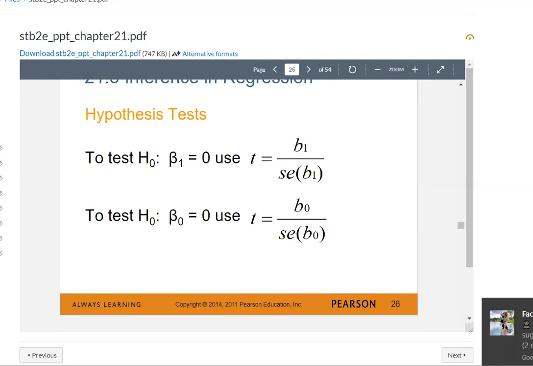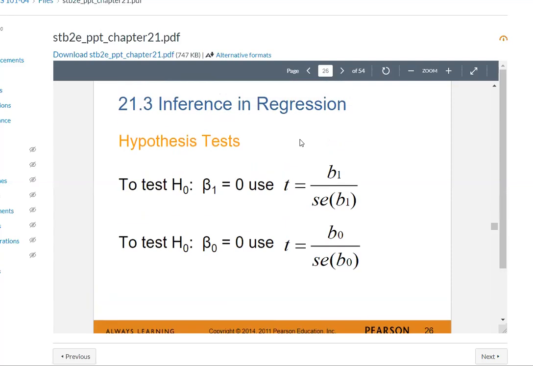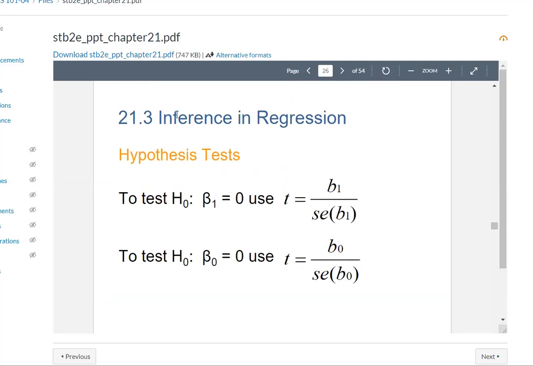How do we write the hypothesis for regression analysis? This is how we write it. Inference in regression is the hypothesis test. Again, we have beta 1, which is the slope, and beta 0, which is your intercept.